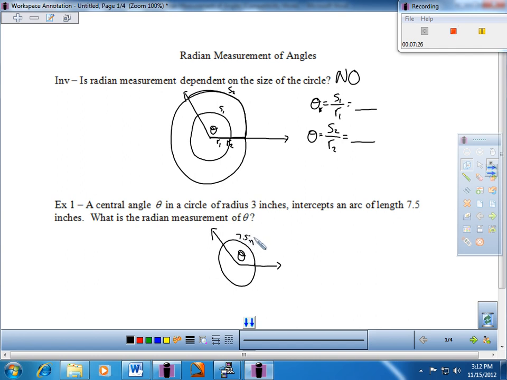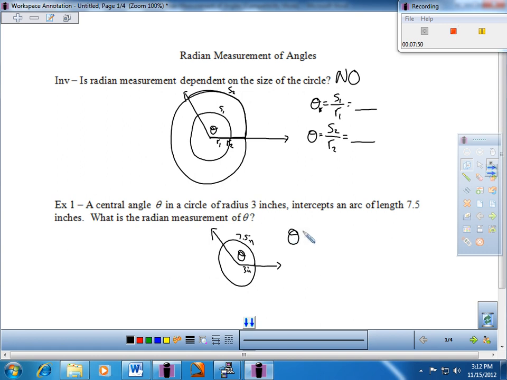So the terminal side and initial side intercept an arc length of 7.5 inches. And the radius, of course, is 3 inches. I didn't draw this perfectly by any means, but you can see roughly speaking, if this length is 3 inches, going from here to here would be about 7.5. Obviously, don't overthink this.